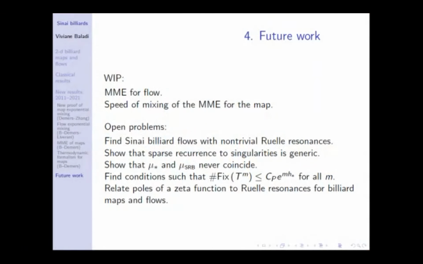Now you're right, if you want to get more precise information like a zeta function, then you need a spectral gap. So I'm not claiming that there is any strategy to understand the zeta function when there is no spectral gap. This is much less ambitious. I just want to go back to the Lebesgue measure or absolutely continuous measure, where we have the spectral gap, and then understand the dynamical determinant.